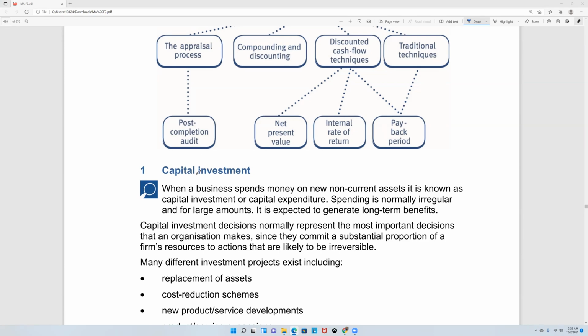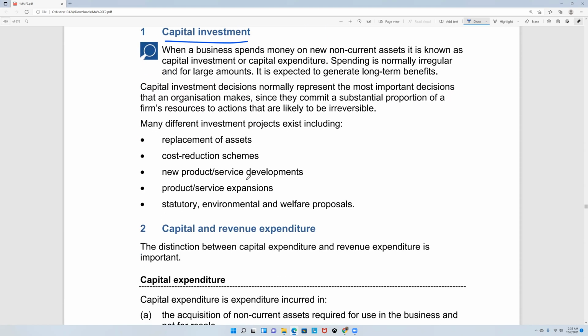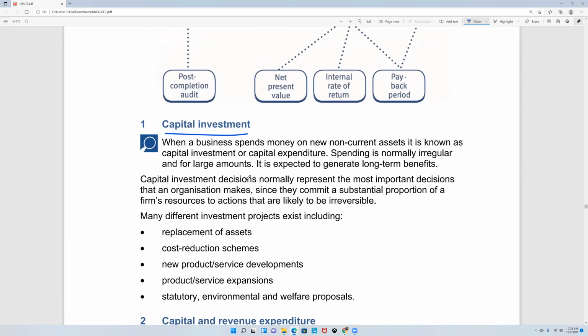If you look in here, capital investment. When we talk about capital expenditure and revenue expenditure, this comes from the financial accounting topic, which says that any investment you are making that is increasing the value of the asset or the value of the business is a capital expenditure.